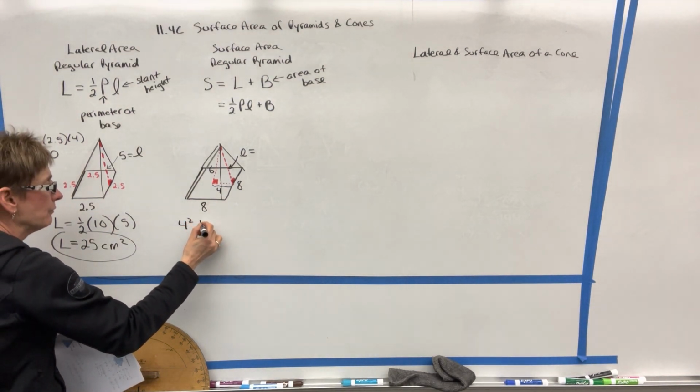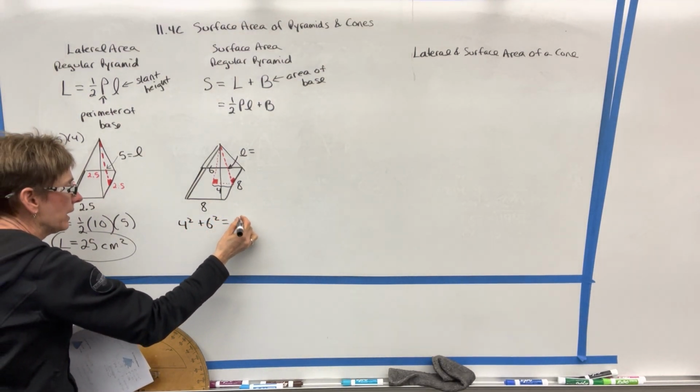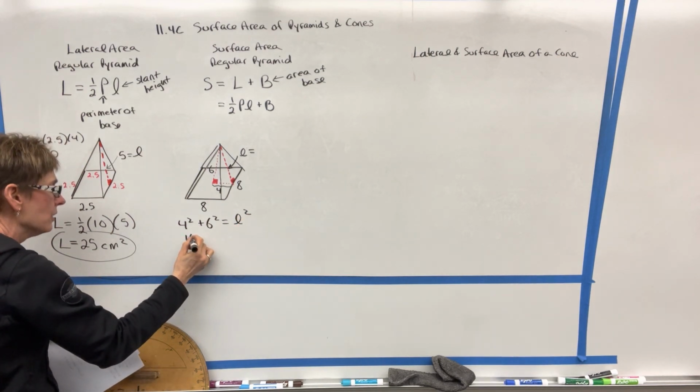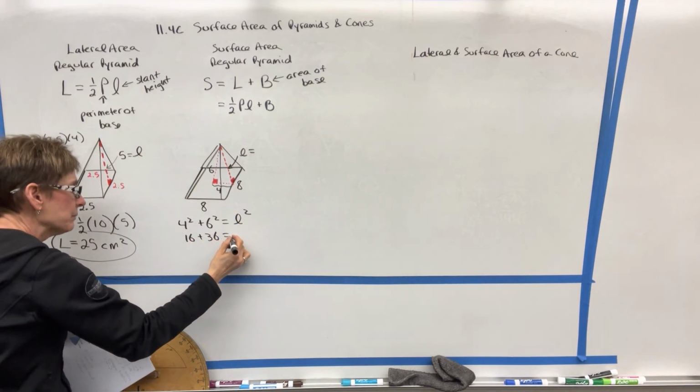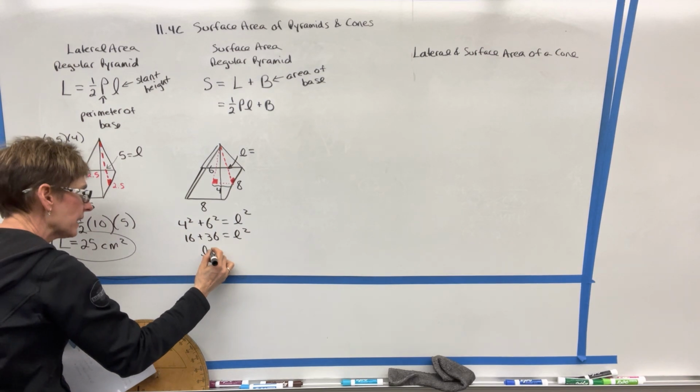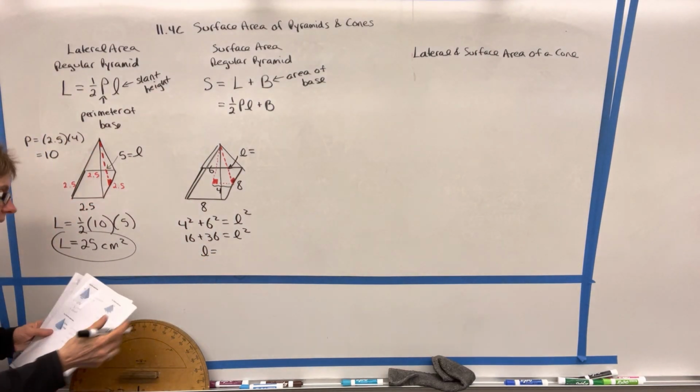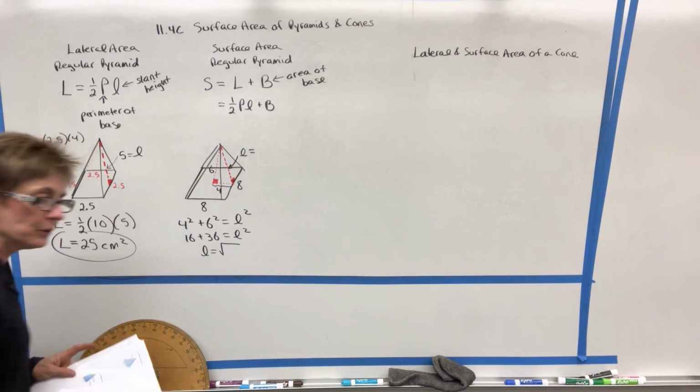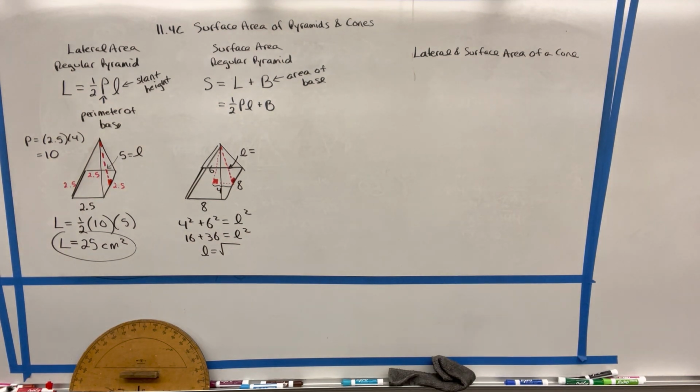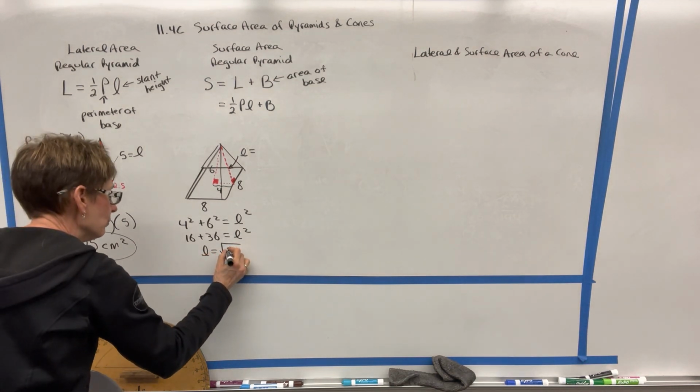So we're going to say 4 squared plus 6 squared equals L squared, or 16 plus 36 equals L squared. And then L is going to be the square root of 36 plus 16. So when we get that, we have the square root of 52.